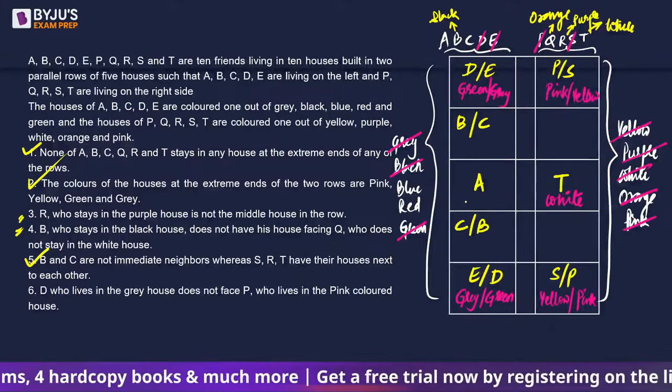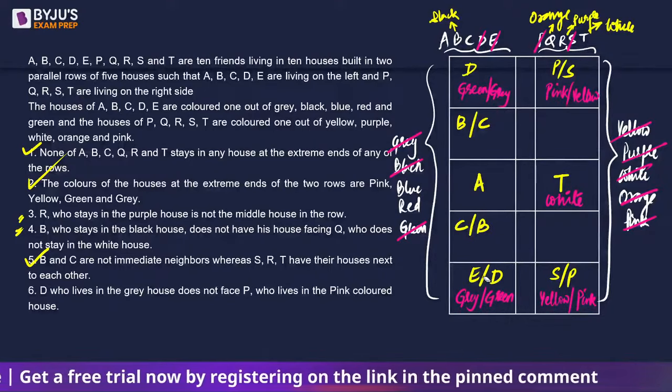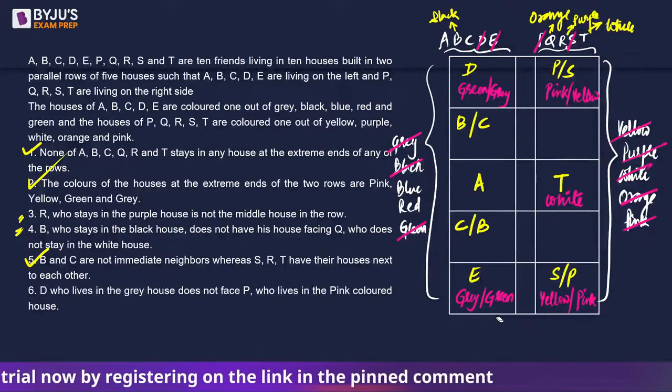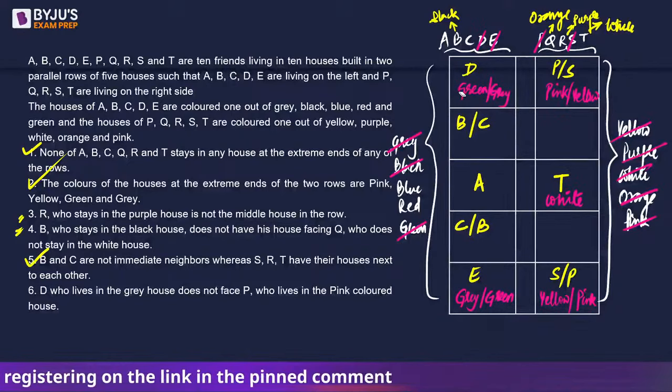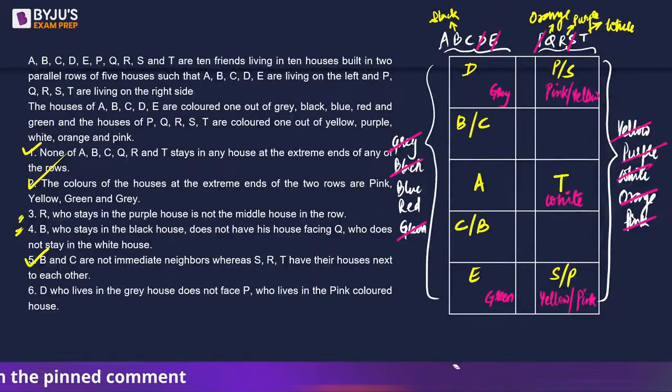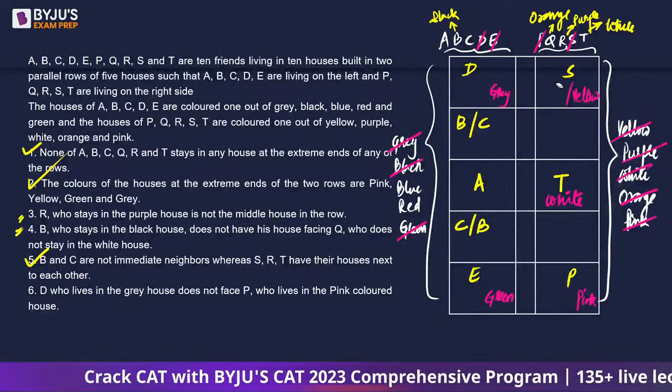Let's assume that D stays at the top, so E stays at the bottom. D lives in the gray colored house, that means E lives in the green colored house. The moment I assume D is at this particular end, he does not face P, that means he faces S, that means E faces P. Now P lives in the pink colored house, that means S lives in the yellow colored house.